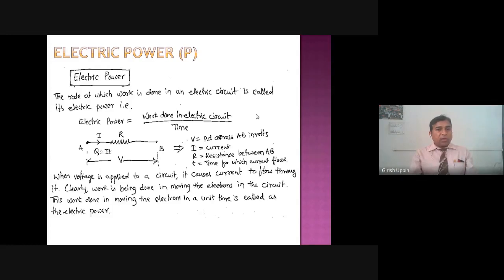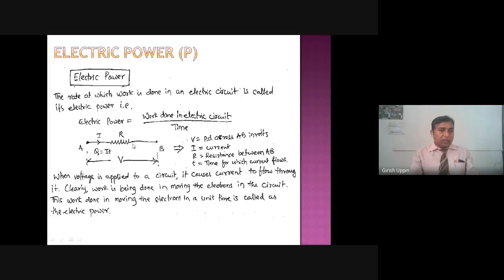And power is given by this equation: work done in the electric circuit divided by time. Whenever you see the word rate, it is always measured against time, so in the denominator you will find the time. So this is the circuit.